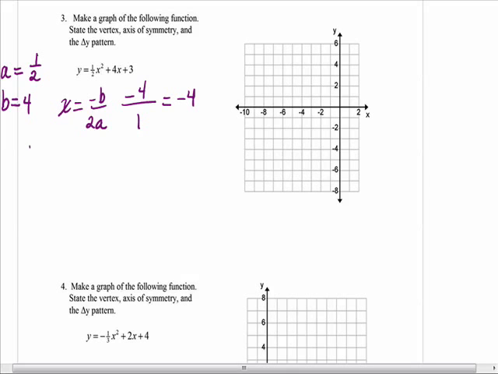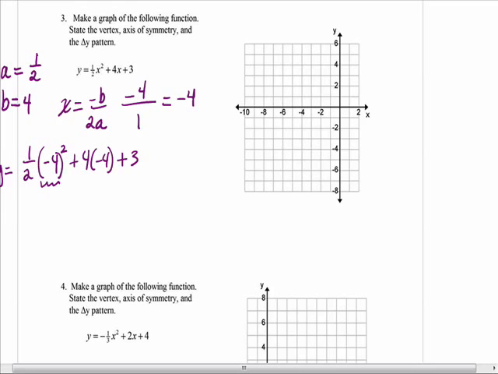Let's go ahead and plug it in. y equals 1/2 times negative 4 squared plus 4 times negative 4 plus 3. I strongly advocate that you write it out. Follow order of operations. You have to square this first. And when you square a negative number, it's going to be a positive number.